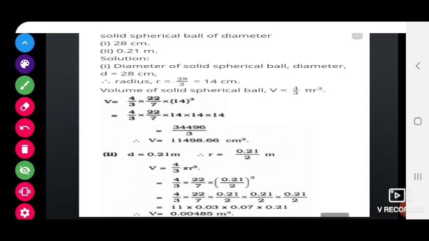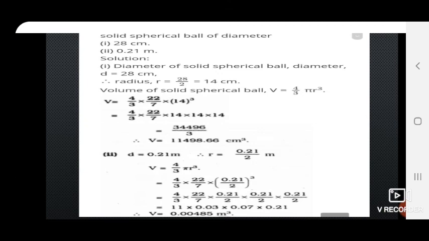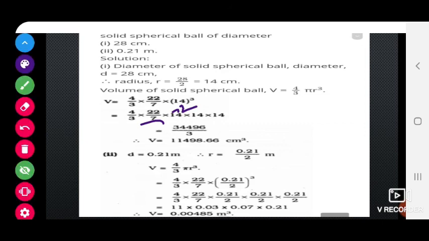So 4 by 3 into 22 by 7 into 14 into 14 into 14. Here 7 ones are 7, 7 twos are 14. Remaining all you just multiply, you will get 34,496 by 3. If we do the long division method, you will get the volume.